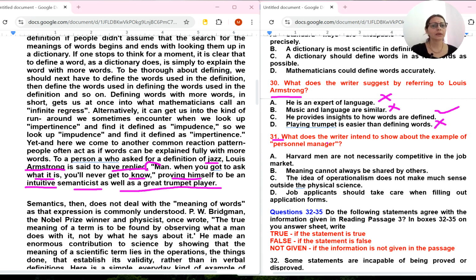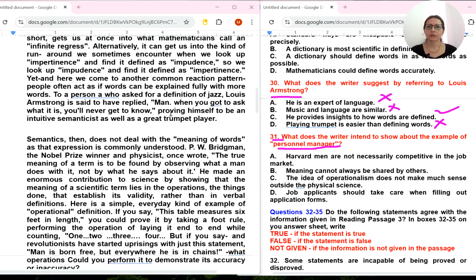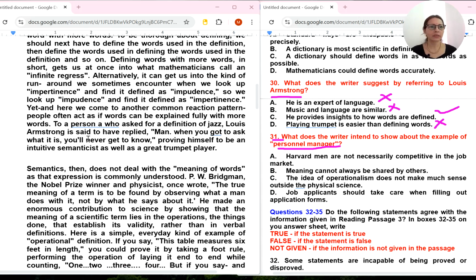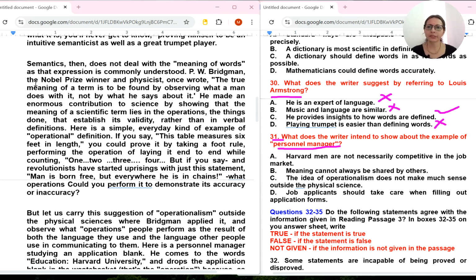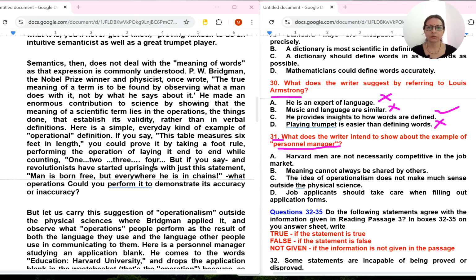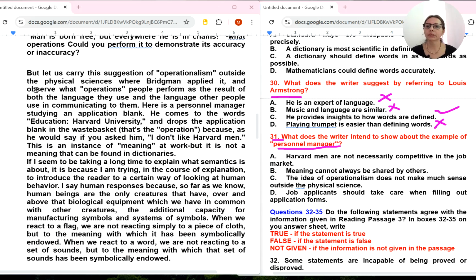Question 31. What does the writer intend to show about the example of the personal manager? We have done the Armstrong paragraph, and in the next paragraph let's find the personal manager. Operationalism, outside people, language, other people; the personal manager is here.